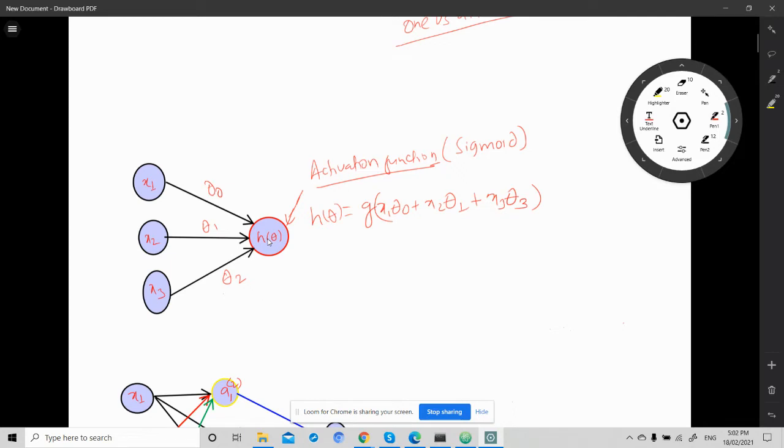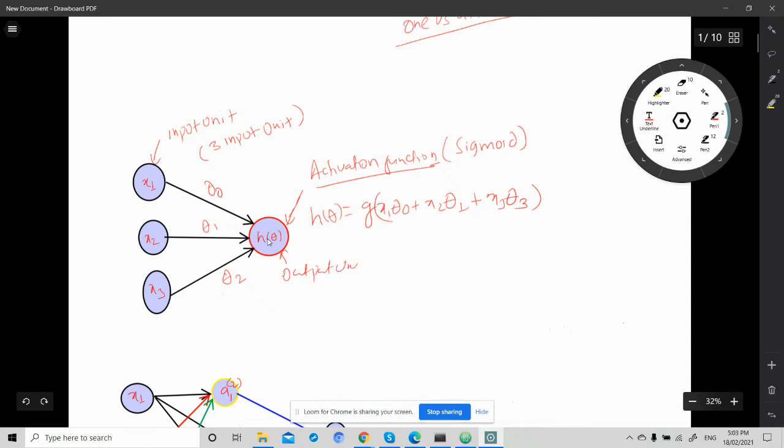A similar concept lies in neural network. Here in neural network we call this my input unit. We have three input units, 1, 2, 3, and this is my output unit.